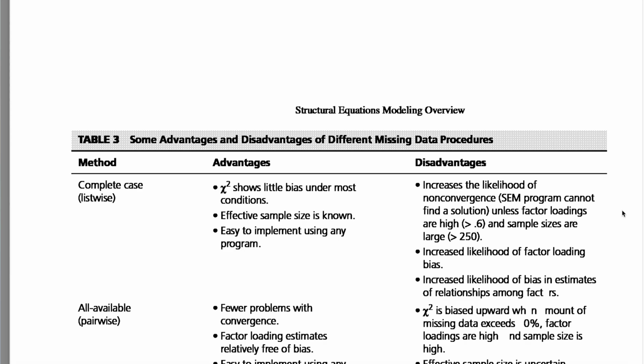Structural equation modeling programs cannot find a solution unless factor loadings are high, greater than 0.6, and the sample size is large, greater than 250. Increased likelihood of factor loading bias. Increased likelihood of bias in estimated relationships among factors.